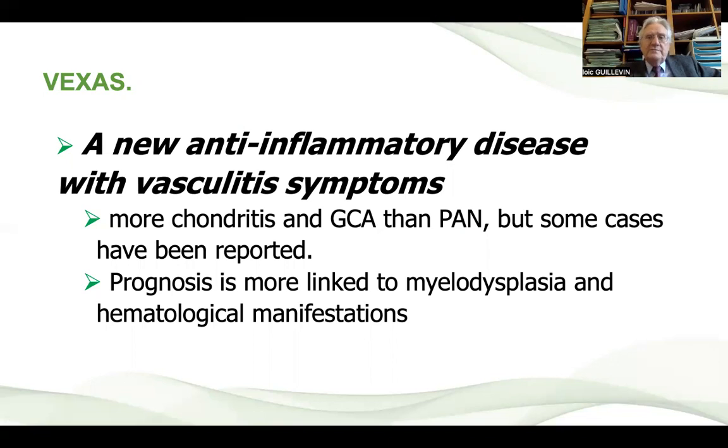But in the initial publication and since the first publication, there are some typical polyarteritis nodosa which have been described. But it is not so clear a disease comparable to what has been observed in ADA2 deficiency.